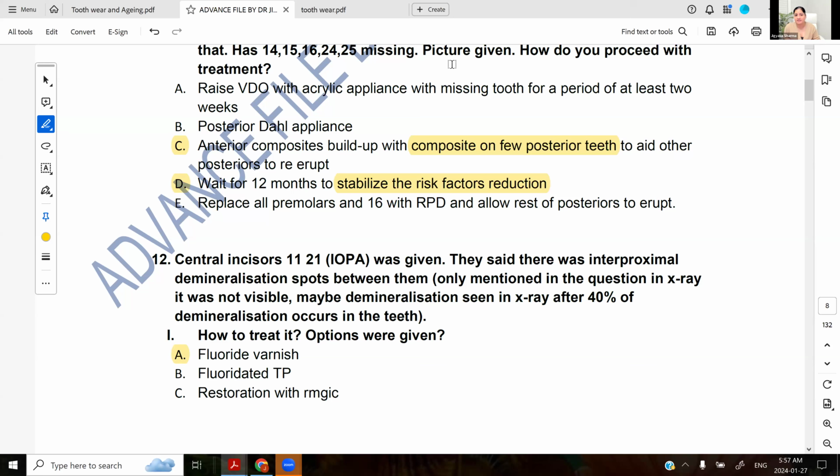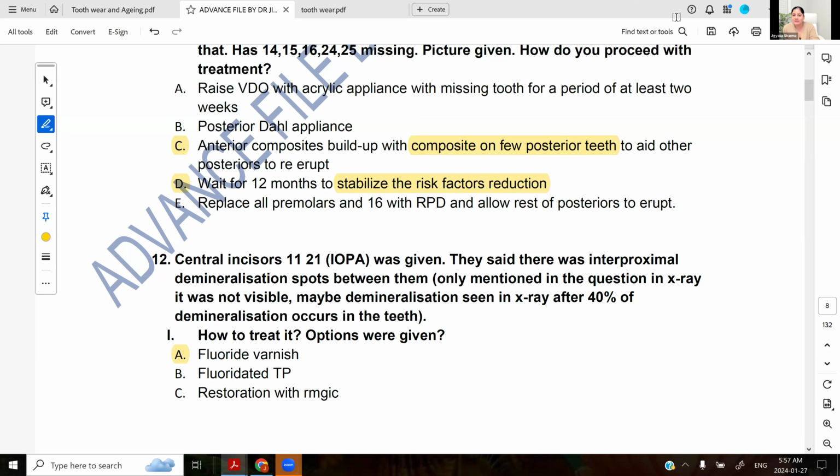Language can change exam to exam. The variations can happen. One time they give you wait for 12 months in September, they might not give you in March. The same center can give wait for 12 months, the other center cannot. That's why the concept needs to be clear rather than mugging up what is the correct answer. It can change center to center, right?